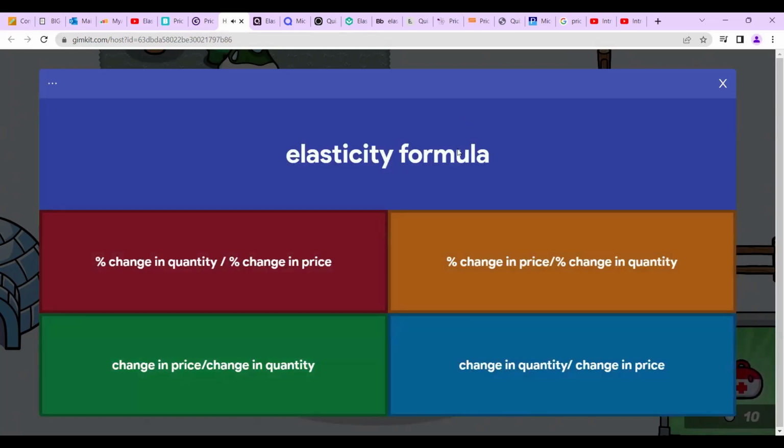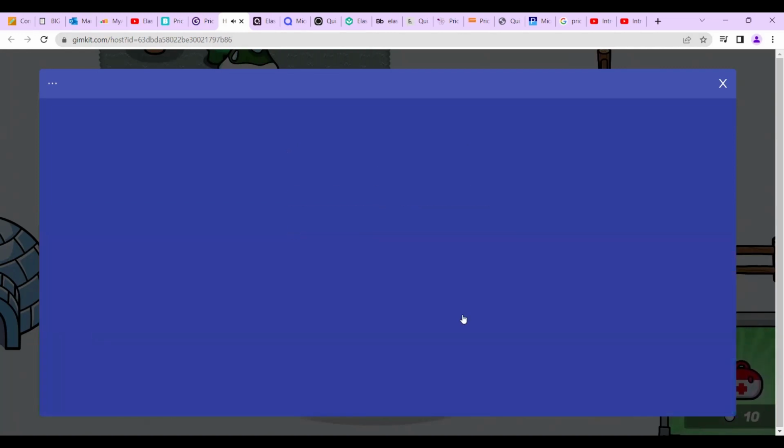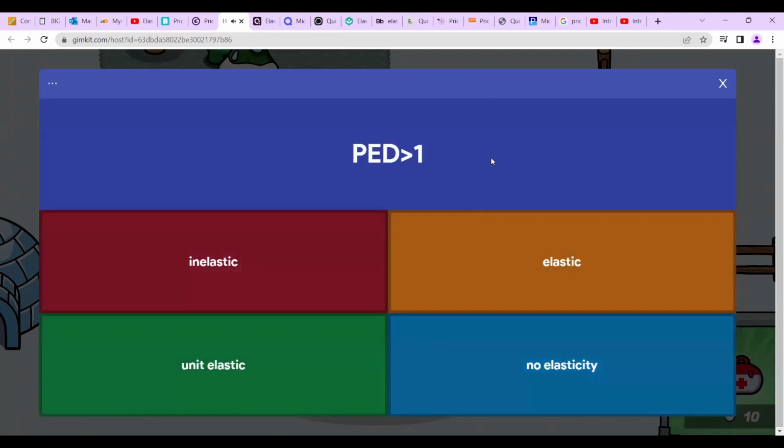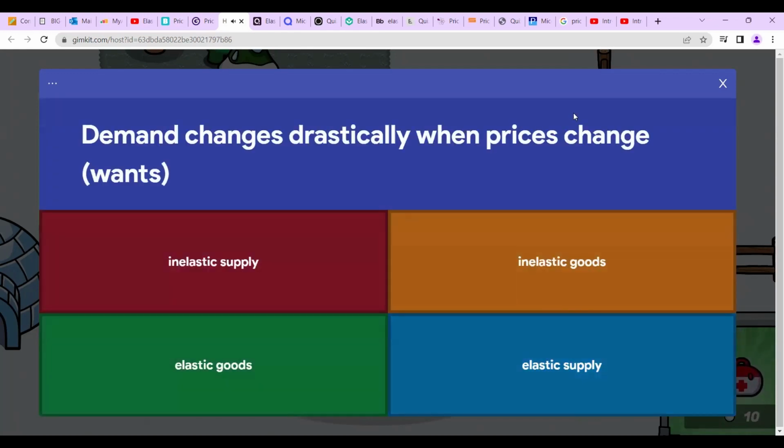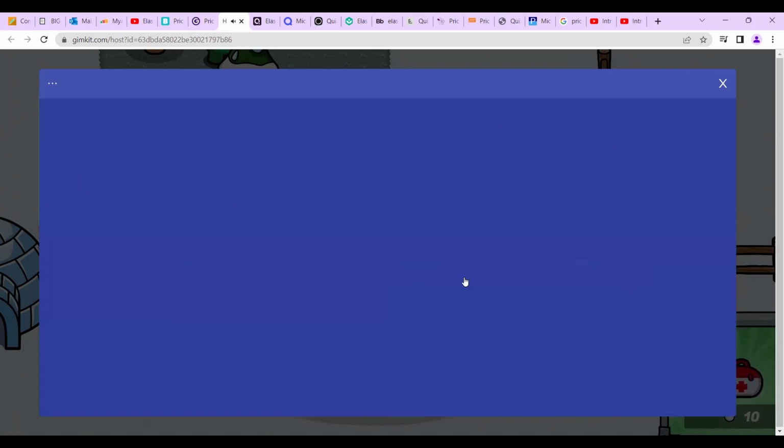Elasticity formula is percentage change in volume over percentage. Demand changes drastically when prices change. So that's elastic.